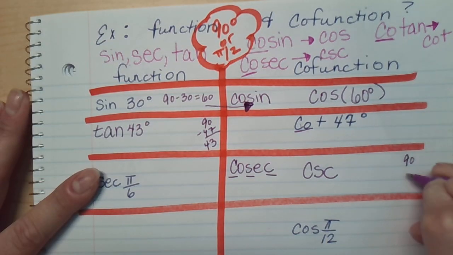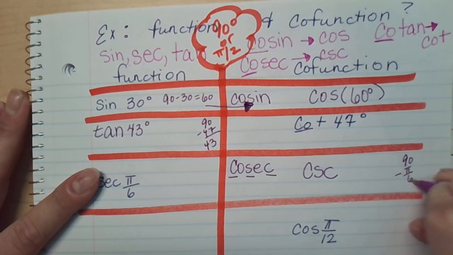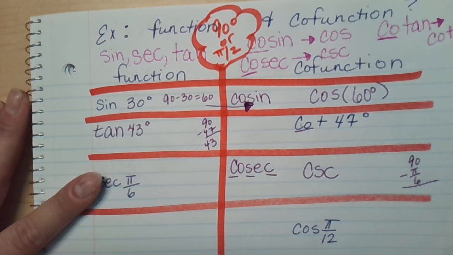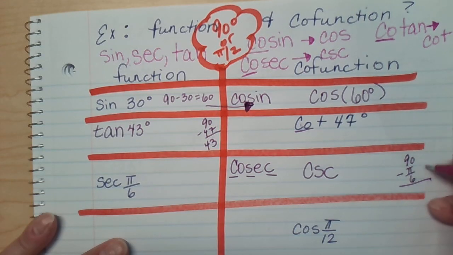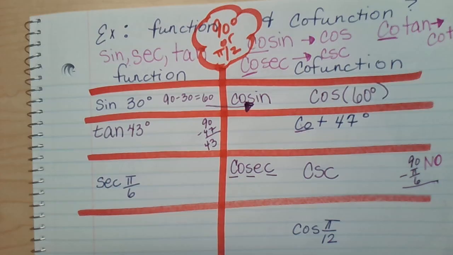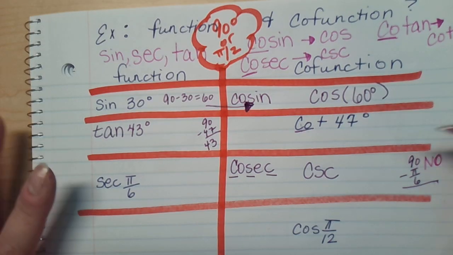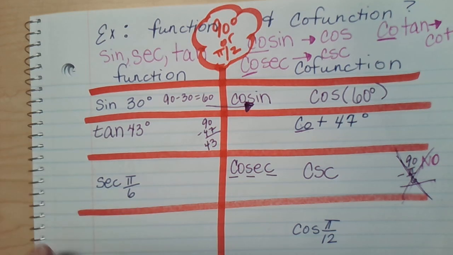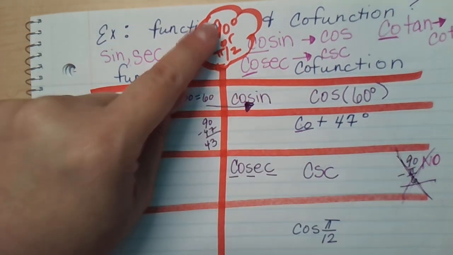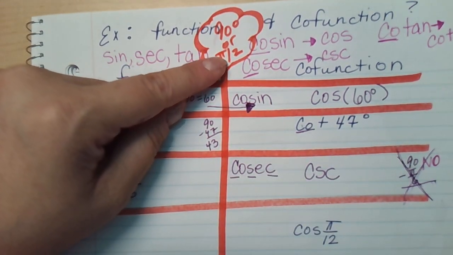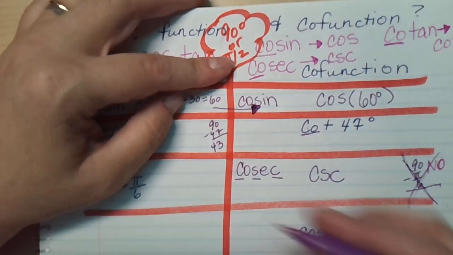But we can't do that. Why not? Because these don't have the same units. 90 is a degree, pi is a radian. So I can't do 90 minus pi over 6. So we use the conversion: 90 is the same thing as pi over 2.